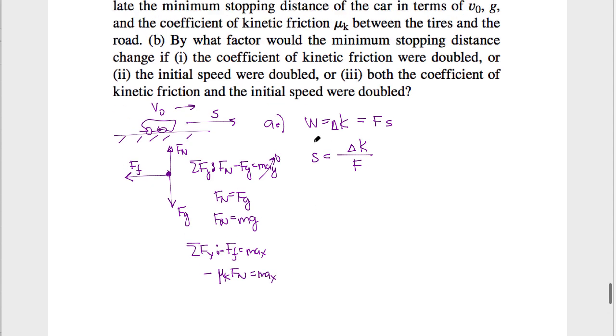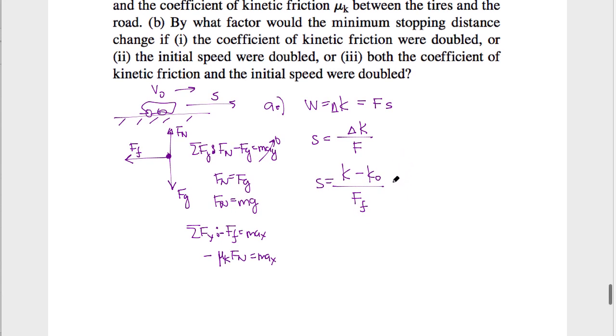So let's go back to my work. So I've solved for this displacement already. I'm going to go ahead and expand my delta k to be k final minus k naught over the force now of friction. So what I can do is a couple simplifications. The first is I can say that k final is going to be 0.